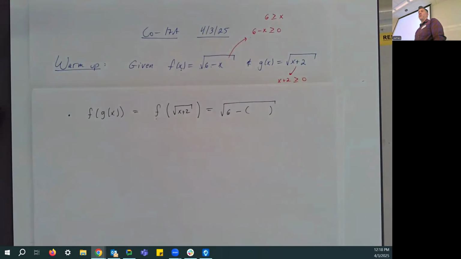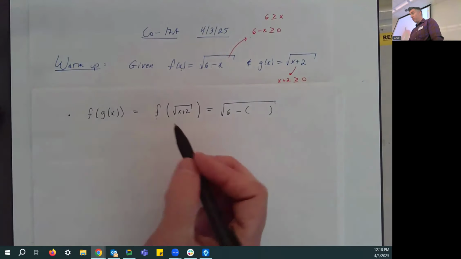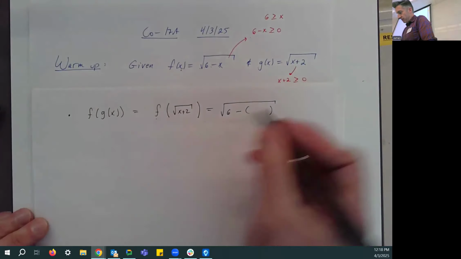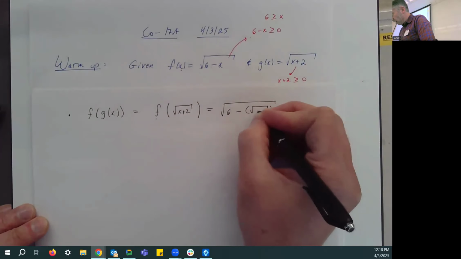I like to write a blank parentheses and fill it in with the input of my function. So that's going to be 6 minus the square root of x plus 2.